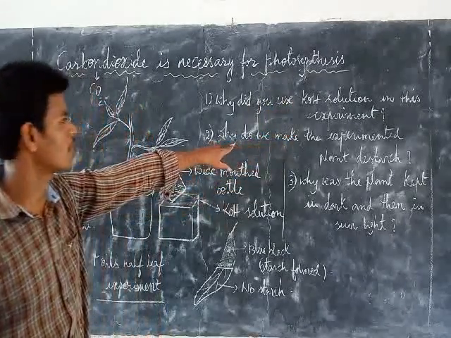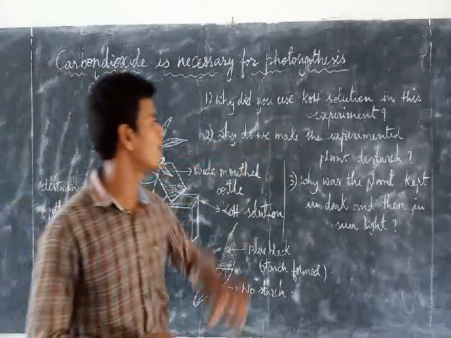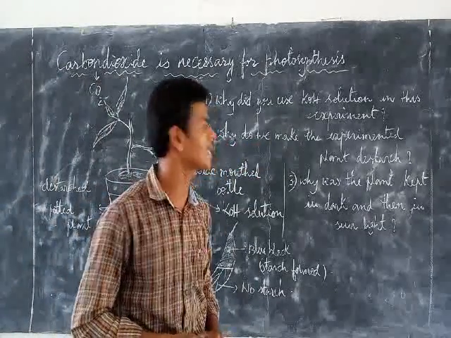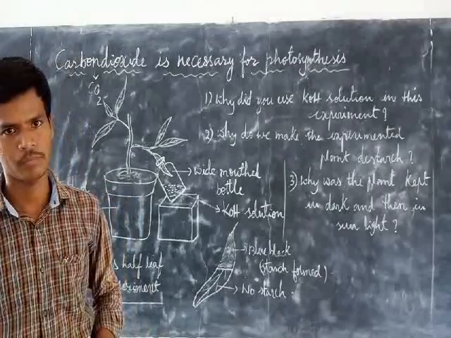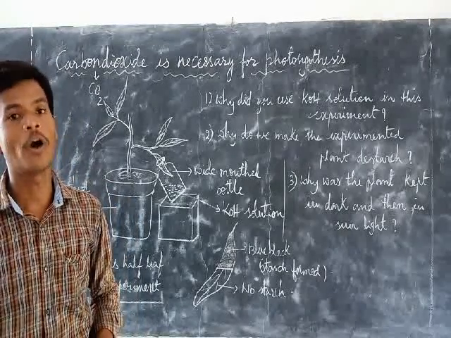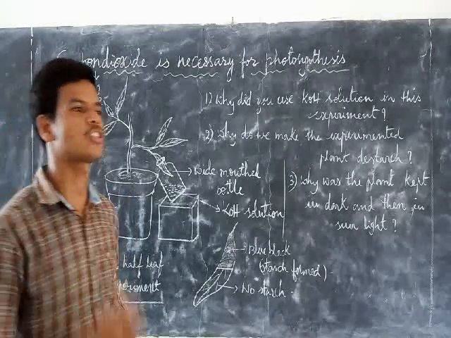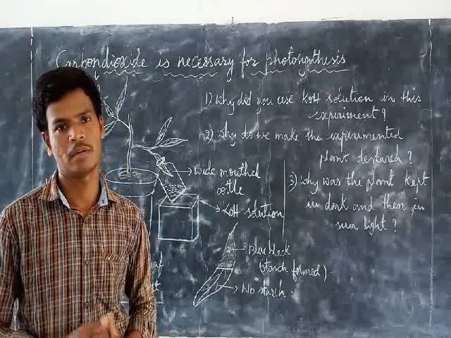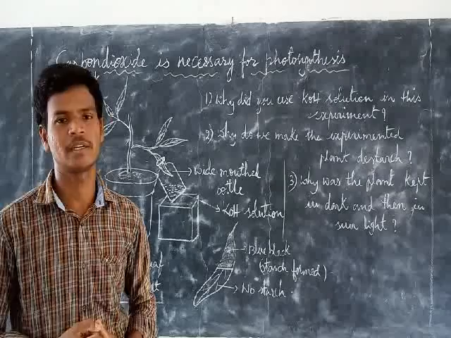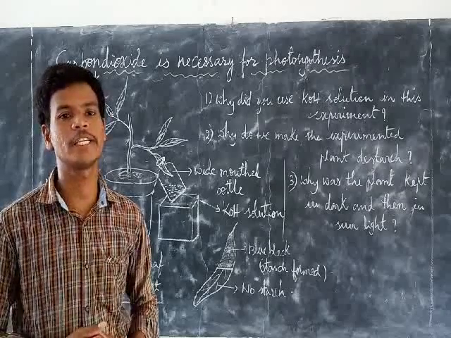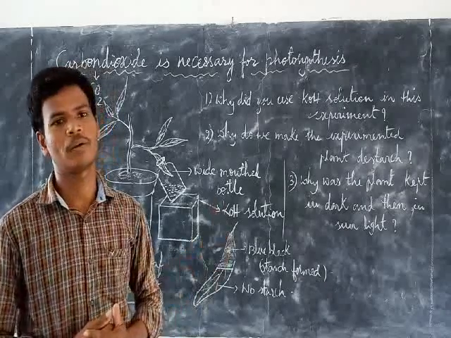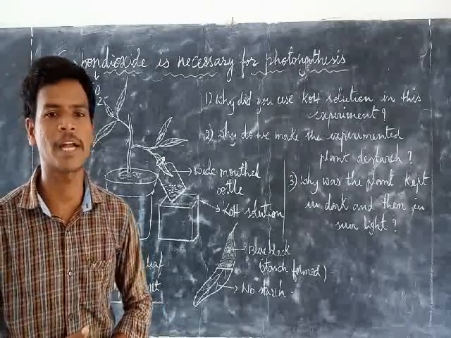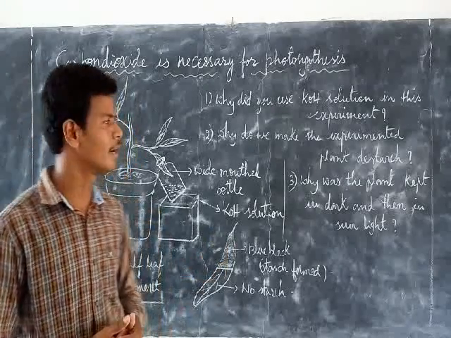Then another question is there. Why do we make the experimental plant destarched? We need to use a destarched plant in this experiment. Why do we use a destarched plant?